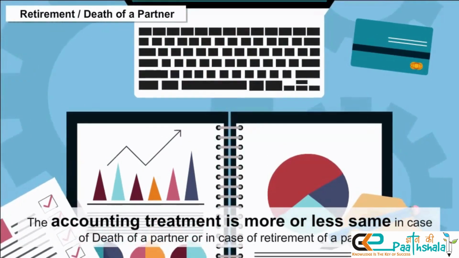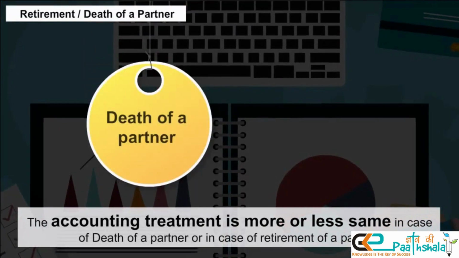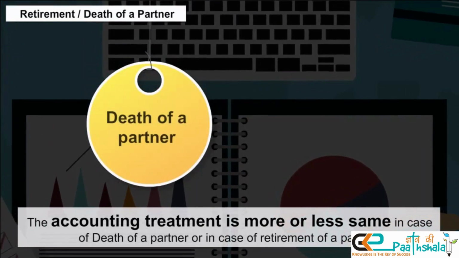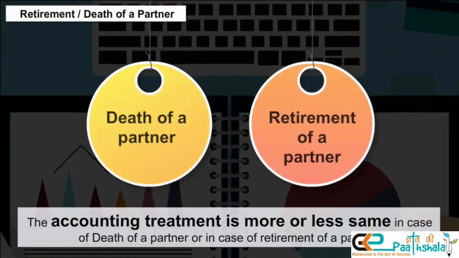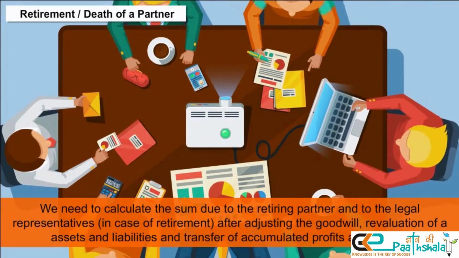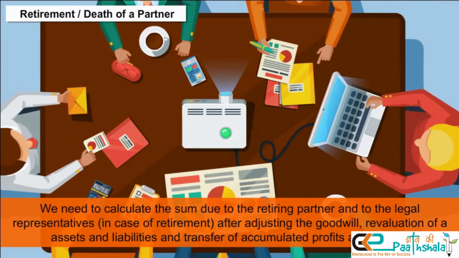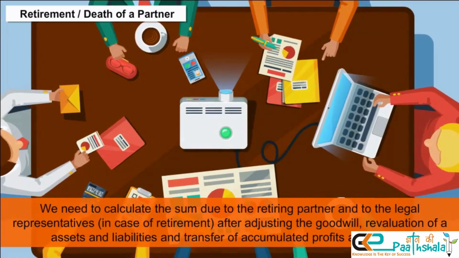The accounting treatment is more or less the same in case of death of a partner or in case of retirement of a partner. In both the cases, we need to calculate the sum due to the retiring partner and to the legal representatives in case of a deceased partner.